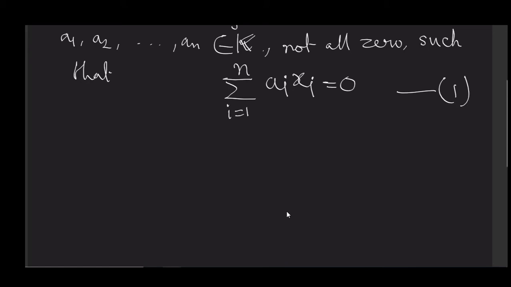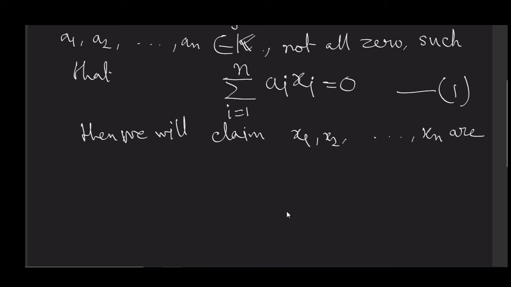So then we will claim x1, x2, xn are linearly dependent.